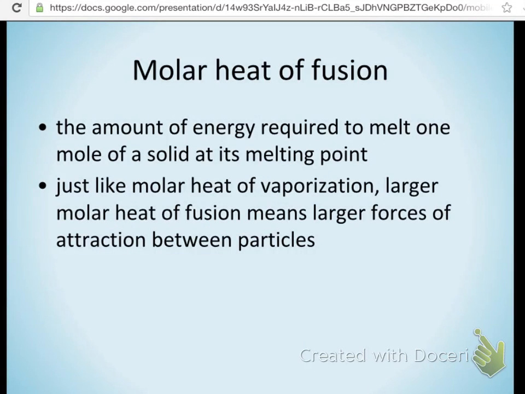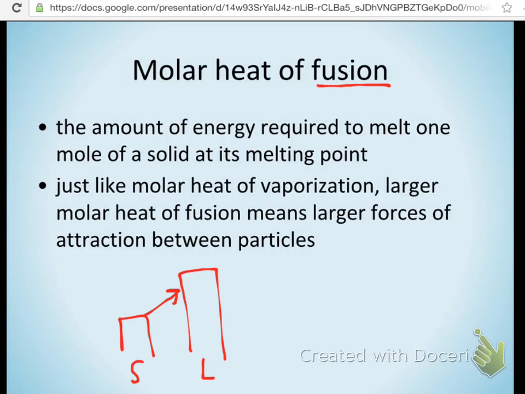As you might have guessed, there is a corollary to the molar heat of vaporization, which is molar heat of fusion. Now, we talk about molar heat of fusion sort of in the reverse direction, because it's how much energy is required to take 1 mole of a substance from solid to liquid.